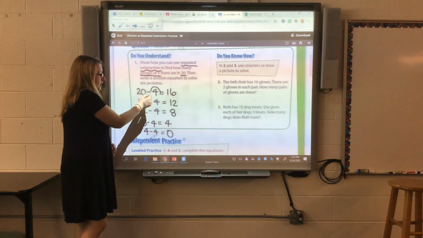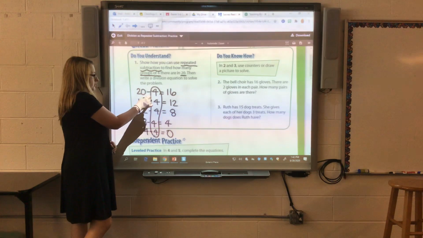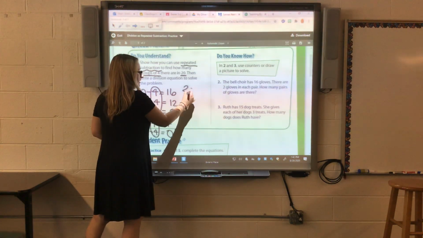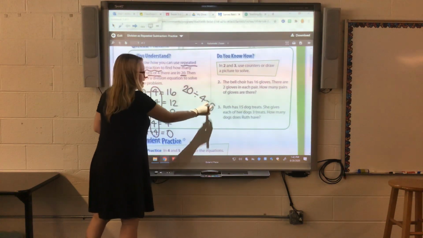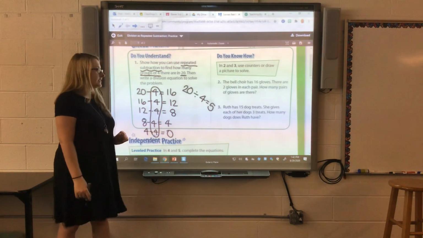So I'm going to count all of my 4s that I subtracted. So I have 1, 2, 3, 4, 5. That means that 20 divided by 4 equals 5, because I have 5 groups of 4 that I subtracted.